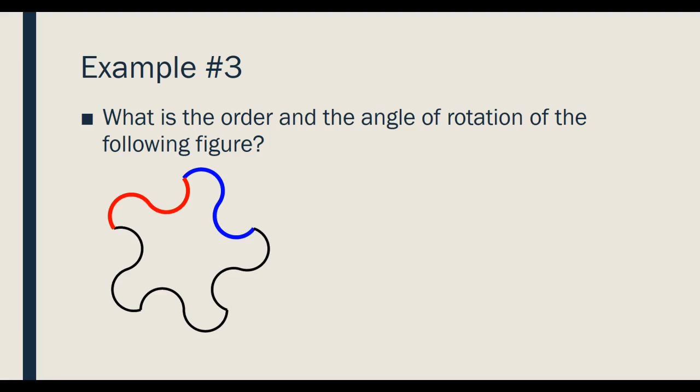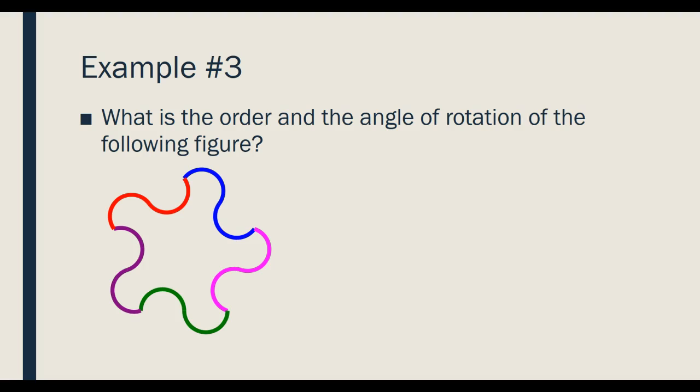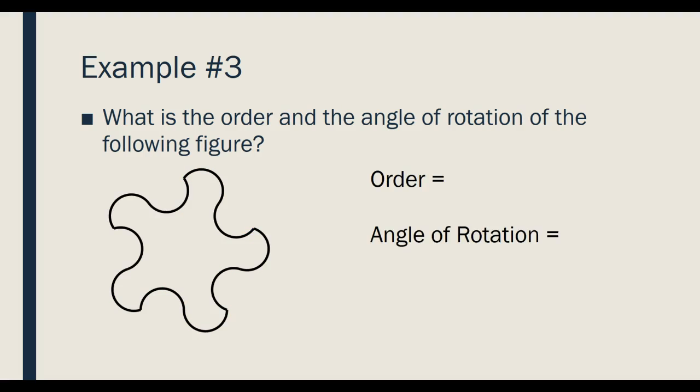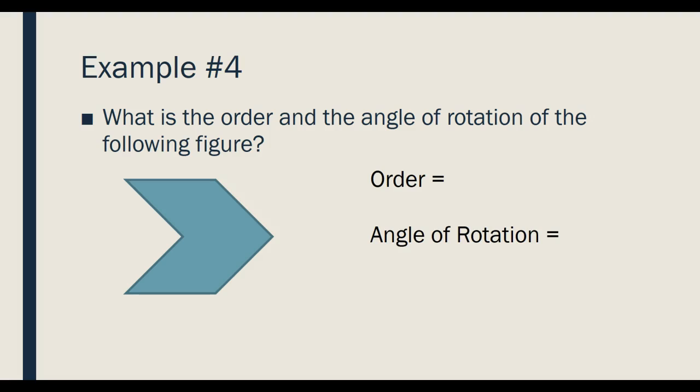So I count 1, 2, 3, 4, 5. So in this figure, I see 5 repetitions, and imagine spinning this 5 times around to get back to our original orientation. So its order is 5, and to figure out the angle of rotation, that's 360 degrees divided by 5, or 72 degrees.